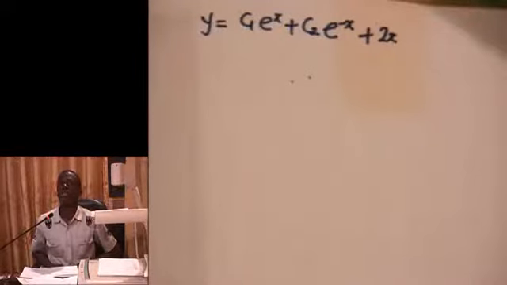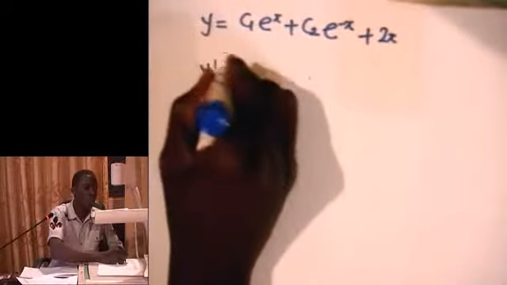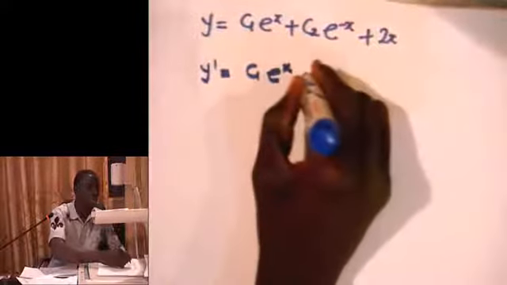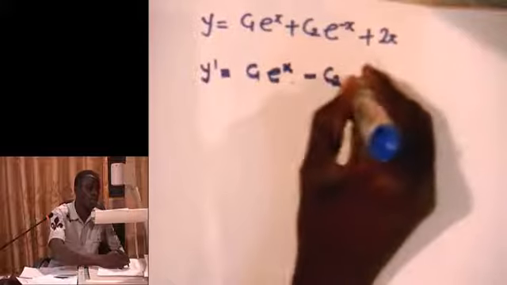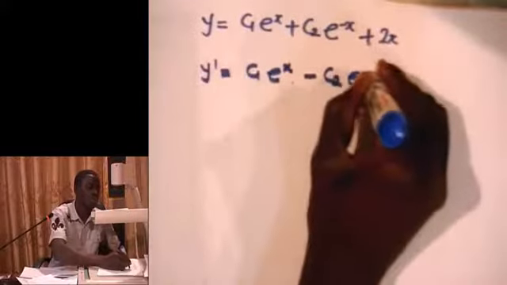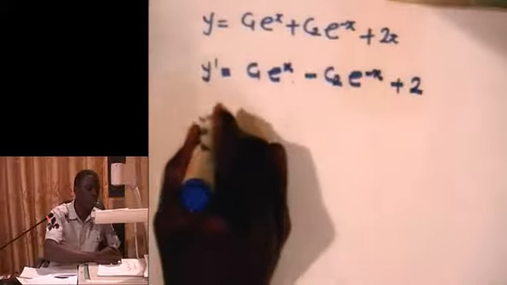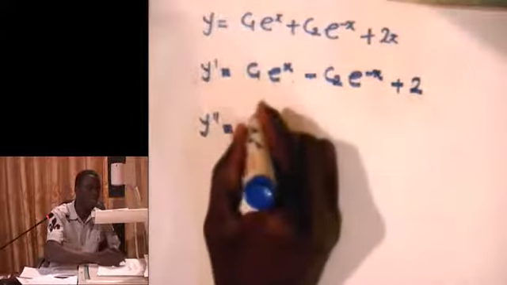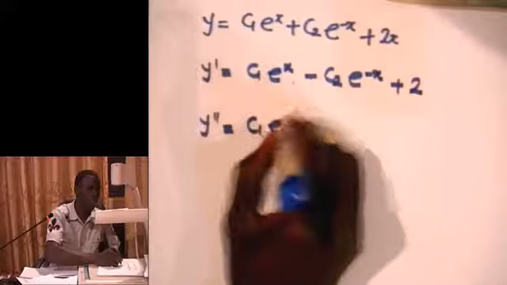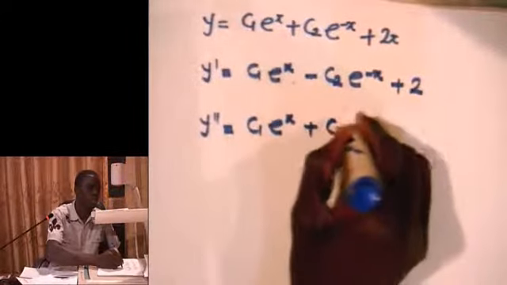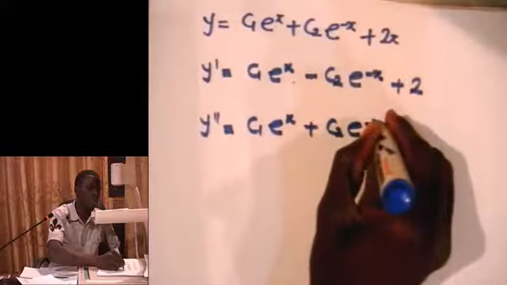It implies that the differential equation will be of the second order. So y prime equals c1 e^x minus c2 e^(-x) plus 2. Y prime prime equals c1 e^x plus c2 e^(-x).